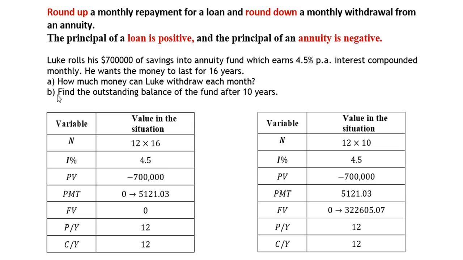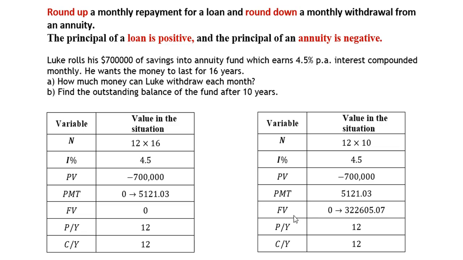Let's go to B. Find the outstanding balance of the fund after 10 years. So you will get 12 times 10, 4.5 for interest. The same present value as the previous one. PMT will be $5,121.03.